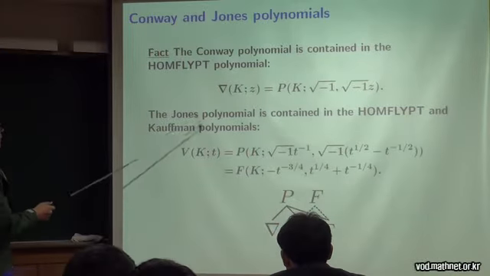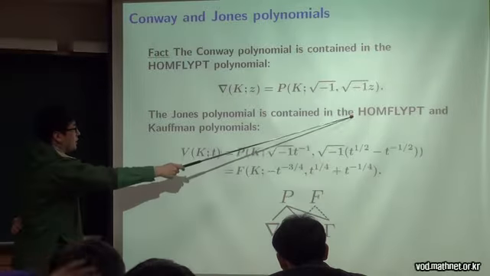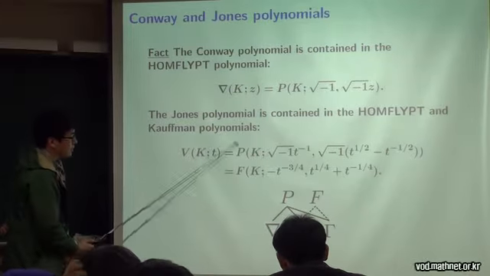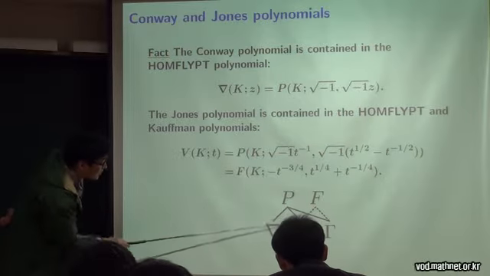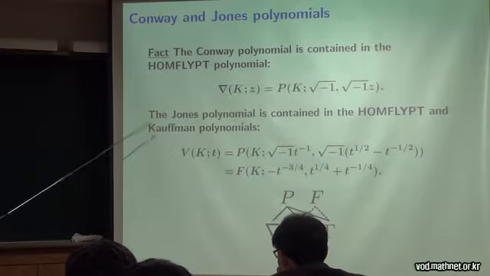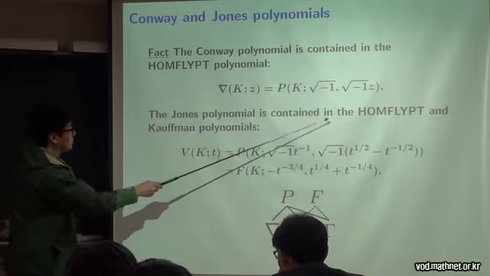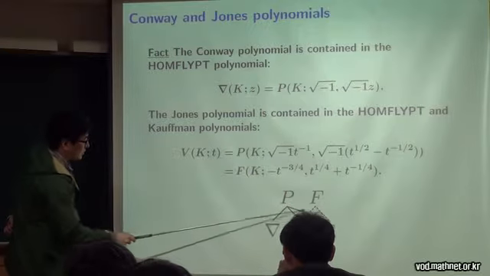And the Jones polynomial is contained in the HOMFLY-PT and Kauffman polynomials, so we have this relation. And also the gamma polynomial is contained in the HOMFLY and Kauffman polynomials, so we consider this relation.